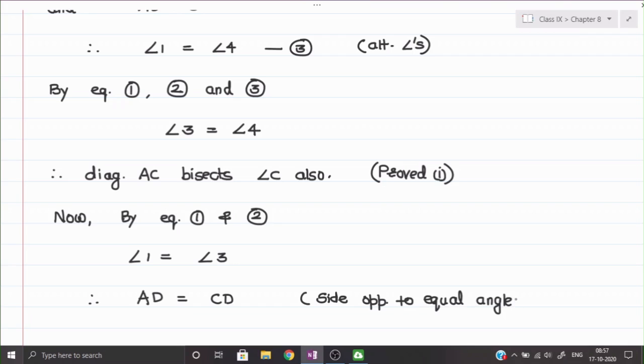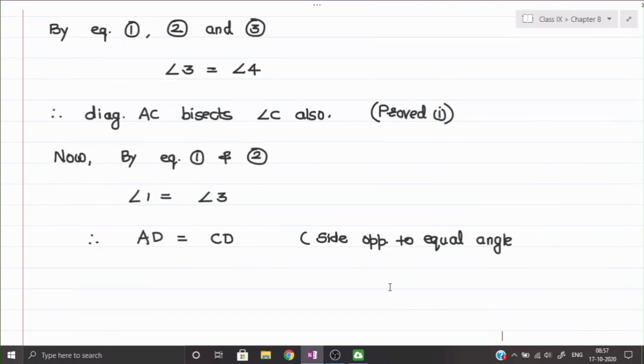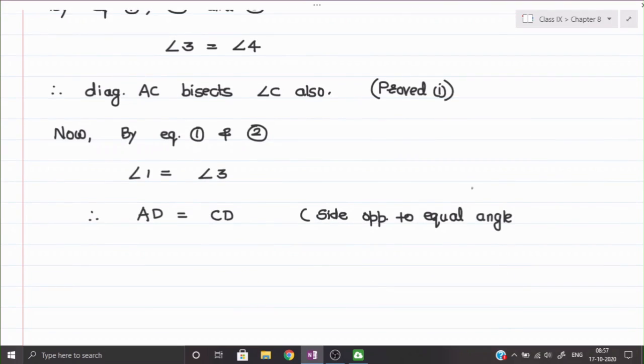Okay, that we will mention here, side opposite to equal angles, and hence we can say that therefore ABCD is a rhombus, because whichever the side was unequal, that also we have proved equal.